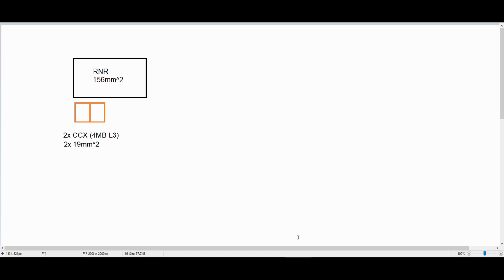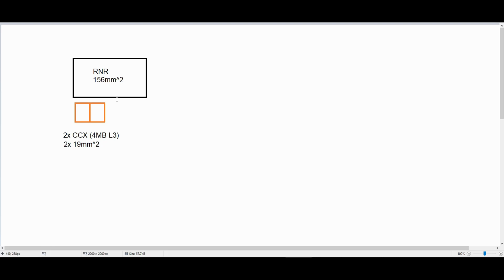So it doesn't account for other components within the CCX. So it might be slightly larger than 19 millimeters squared, but I wouldn't expect it to be larger than 25 or so, and that would be quite an extreme case. I think 25 millimeters squared for the CCX. So Renoir is 156 millimeters squared, so a 20 millimeters squared reduction is only about 10%.